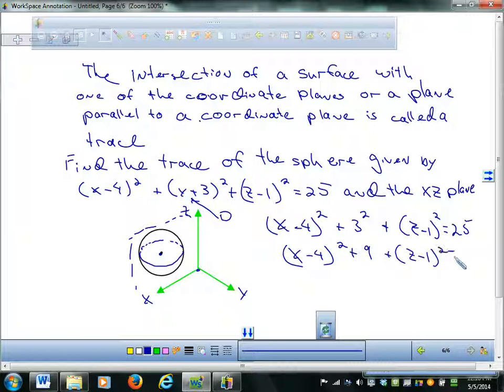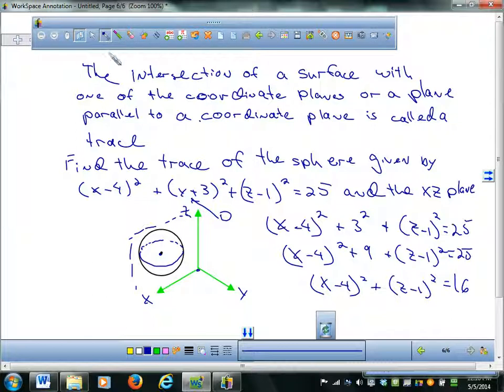And you get x minus 4 squared plus z minus 1 squared equals 16. So what is this? It's a circle that has x's and z's but no y's, right? So it's a circle somewhere and it has a radius of 4, right?